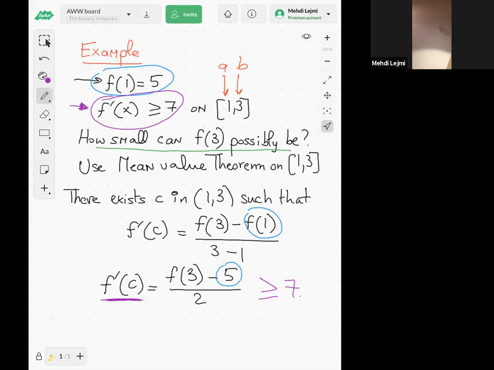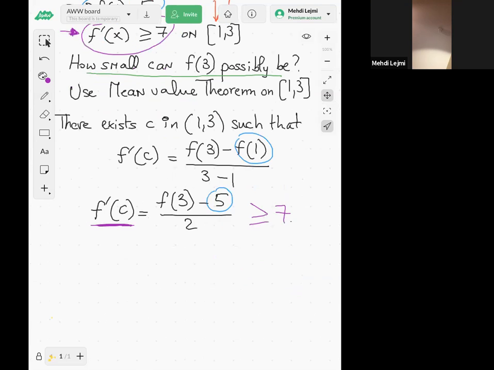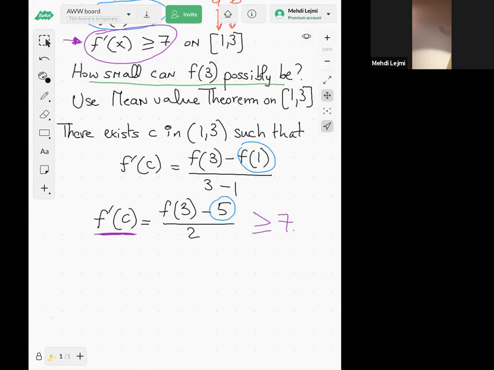So f of 3 minus 5 over 2 is larger or equal to 7. All right, so now I'm going to solve for f of 3 because I want to estimate f of 3. So we have f of 3 minus 5 over 2 larger or equal to 7.